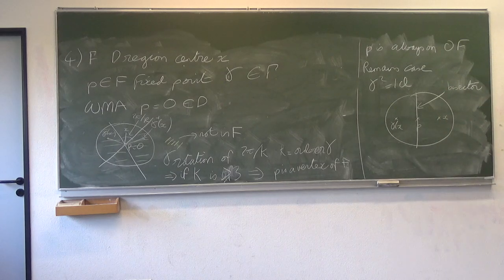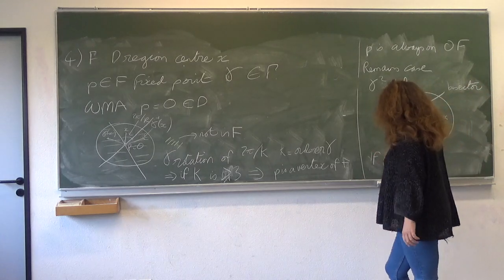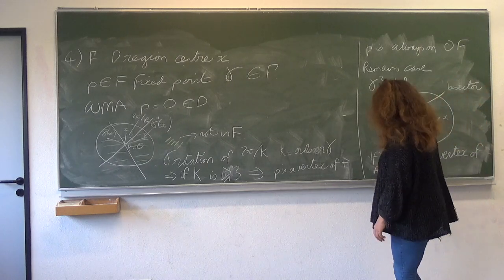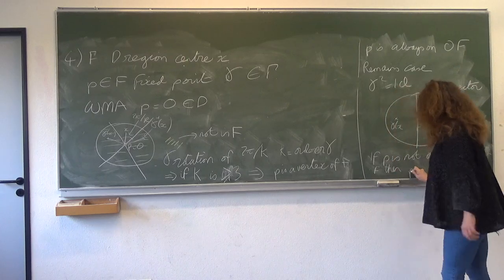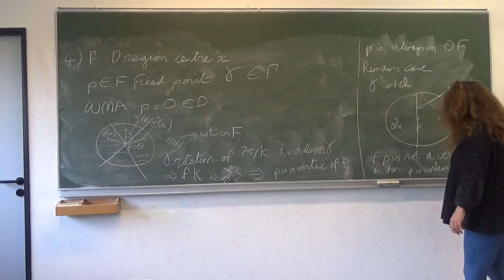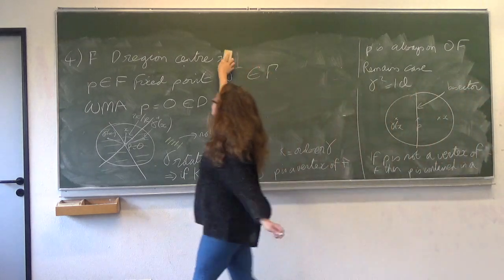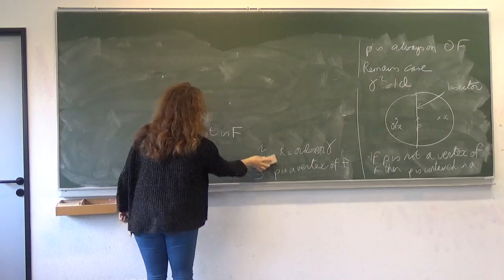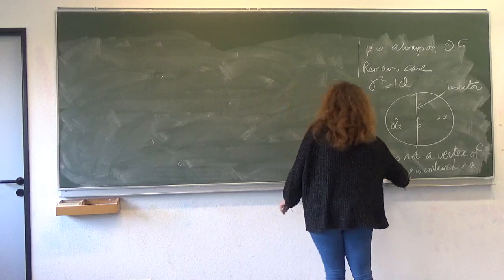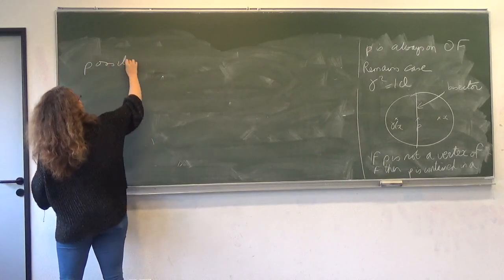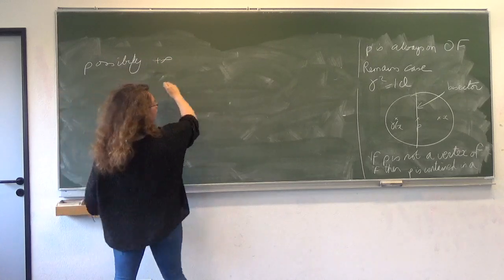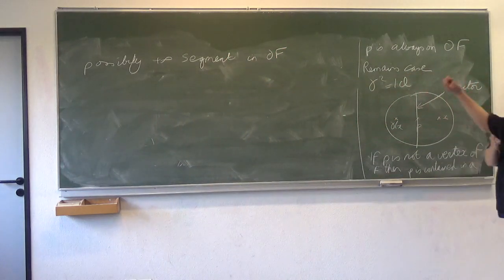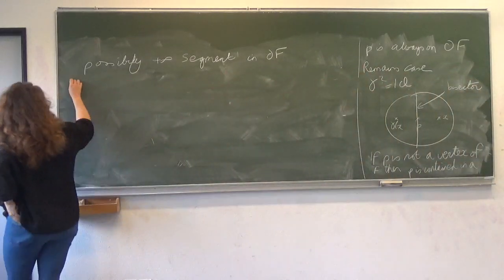Okay, so if P is not a vertex of F, then P is contained in a possibly infinite segment of delta F.